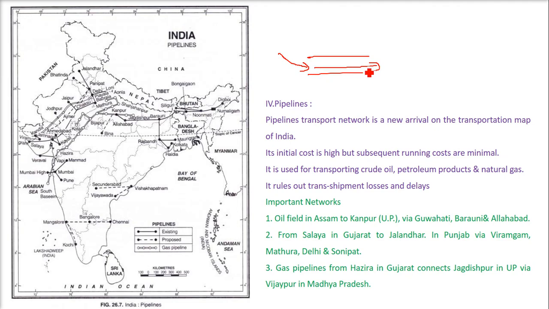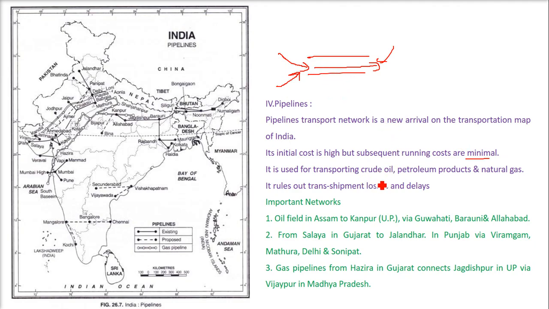So this is transferred from one place to another, maybe from the place of production to the place of refinement or use. The initial cost of laying a pipeline is quite high, but once it is established, the running costs are very less. Only maintenance cost is there.